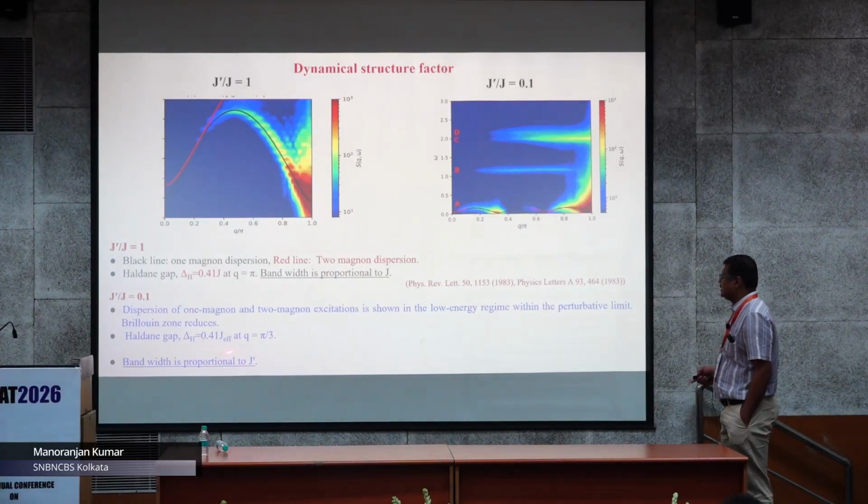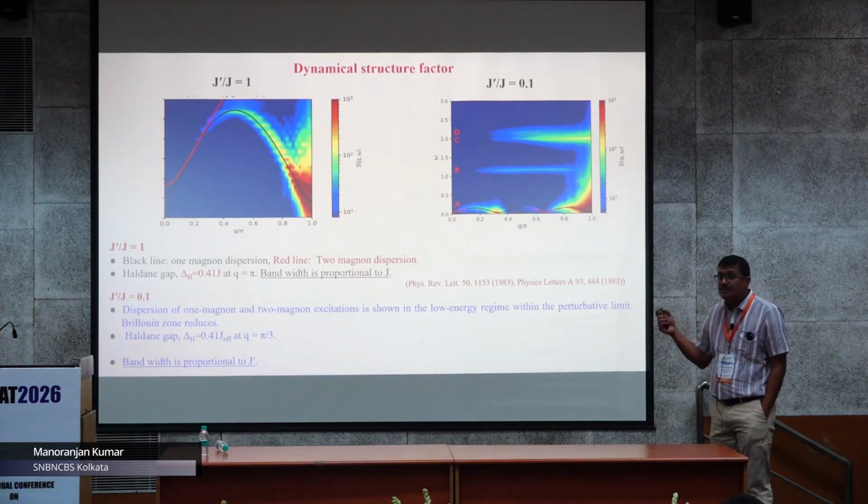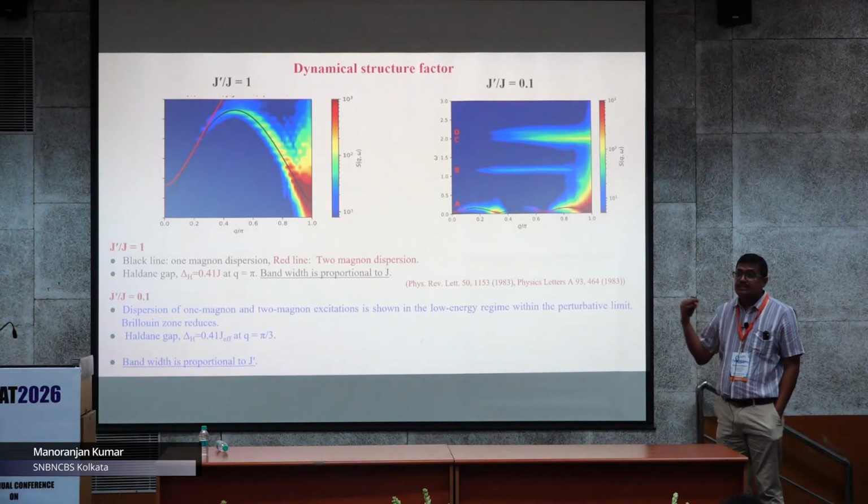And the bandwidth is proportional to your J prime. Okay, and that's your low energy physics. But if you keep going here, these are actually singleton and tripleton bands. These excitations are now coming because of the excitations within the trimers.